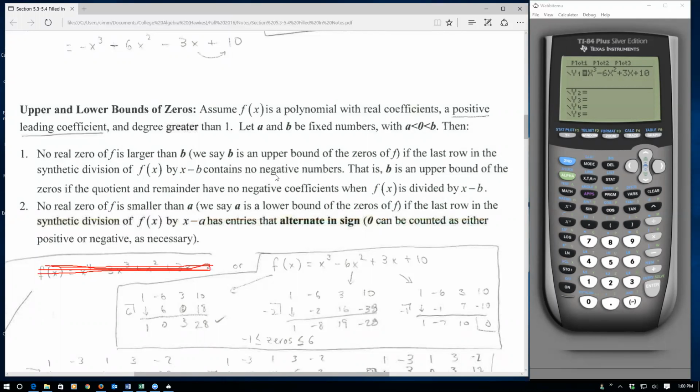We'll explain that a little more in just a second. So b is an upper bound of the zeros if the quotient and remainder have no negative coefficients when divided by the potential zero.